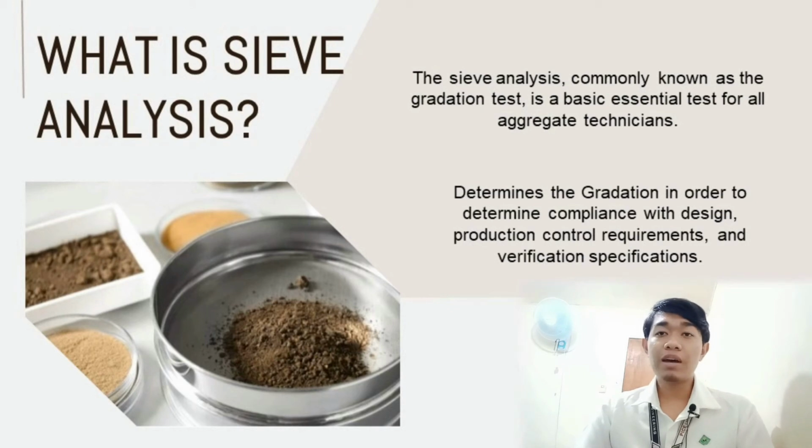And importante malaman natin yung grading or size distribution of aggregates because it determines the paste requirements for workable concrete. Siya yung nagtuturo sa atin sa tamang sementong ihahalo kasi yung required amount of cement paste is dependent upon the amount of void space that must be filled and the total surface area that must be covered.